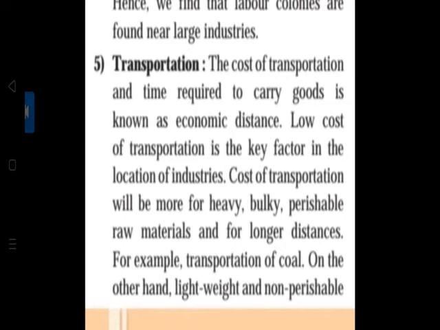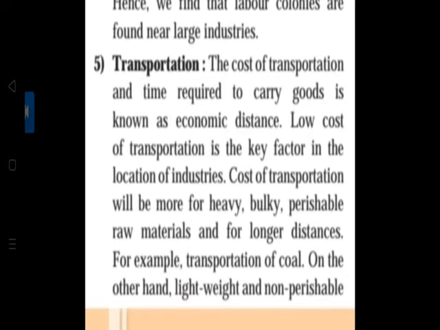Low cost of transportation is the key factor in the location of industry. If it can be transferred from one place to another easily, it's a key factor. Transportation becomes more important in this part. Cost of production will be more for heavy, bulky, perishable raw materials and for longer distances.